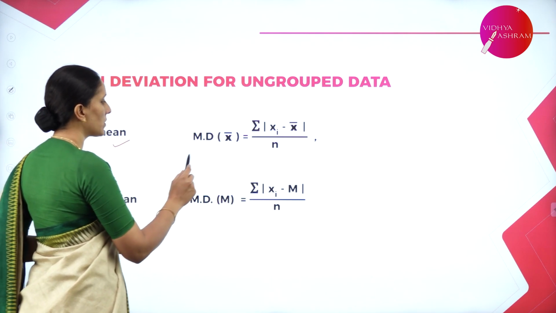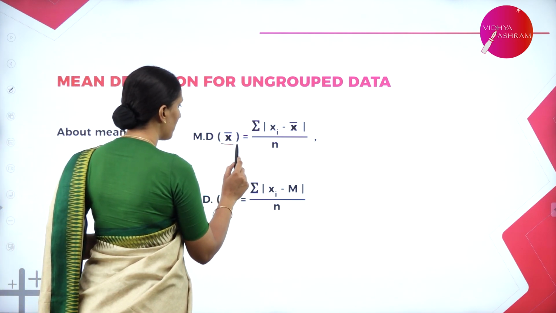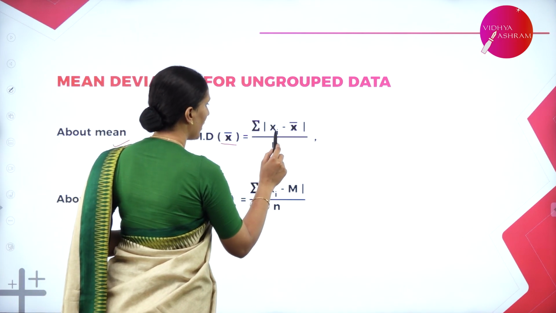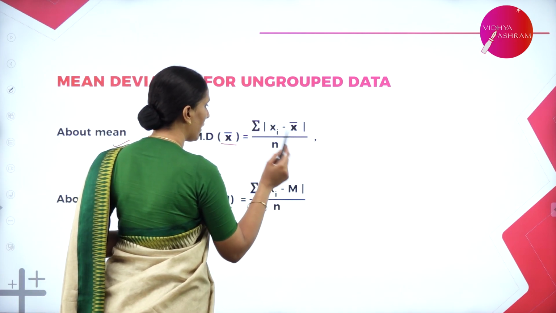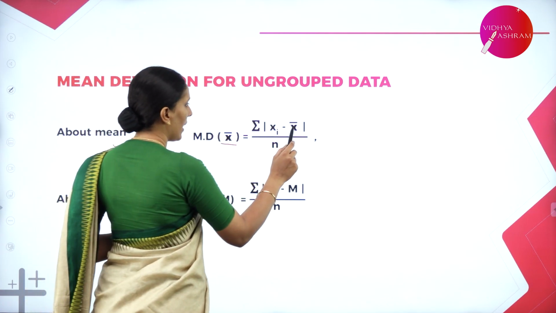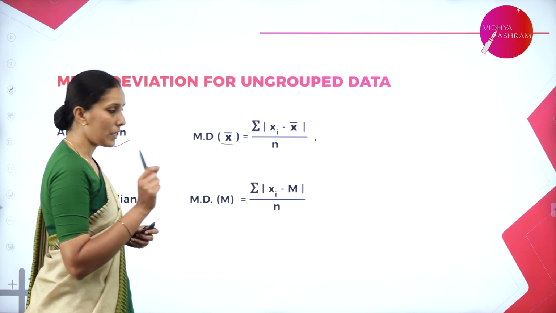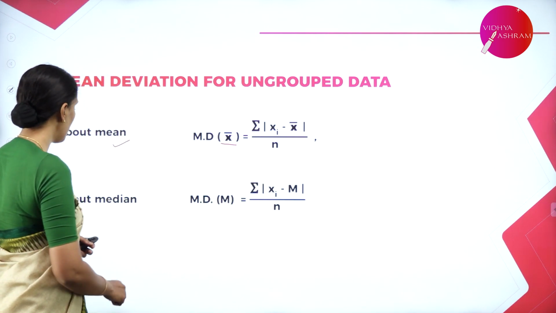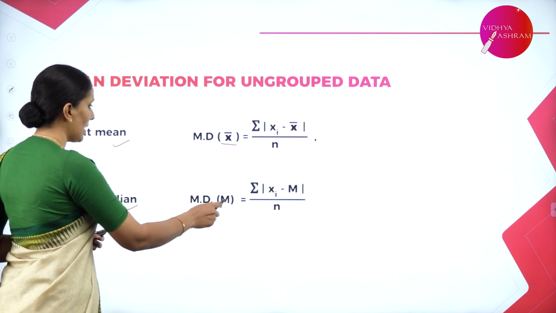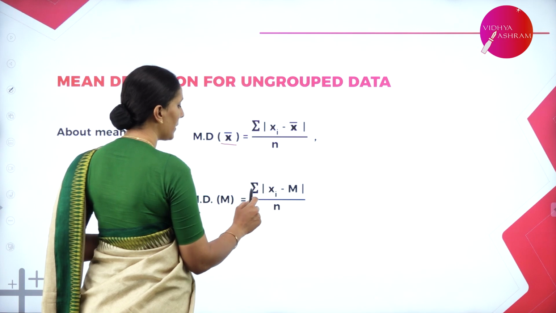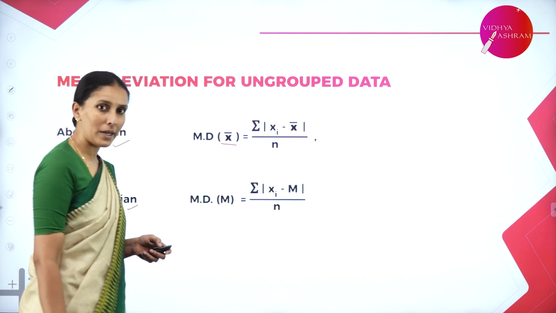The formula used is mean deviation about mean, where x bar represents the mean, is summation of modulus of xi minus x bar whole divided by n, where xi represents all the observations, x bar is the mean, n is the number of observations. Similarly, for the median, the same formula is used. Only difference is we are calculating the mean deviation with the help of median here.